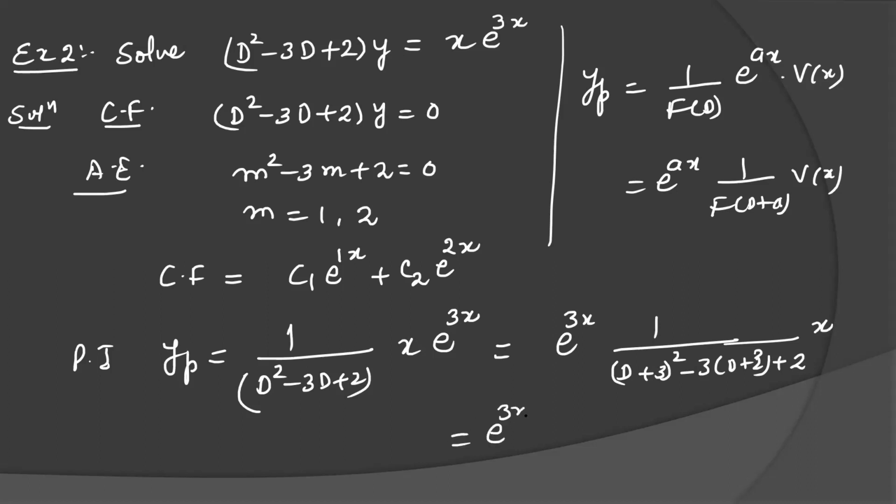Let's simplify the denominator. It is D square plus 9 plus 6D minus 3D minus 9 plus 2 into x. So if you see carefully, this 9 is cancelled out, 6D minus 3D, that will be 3D plus 2.